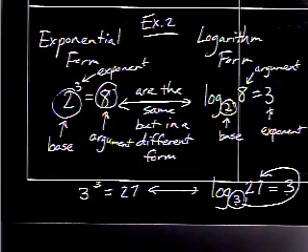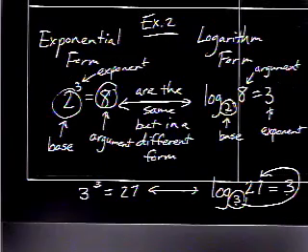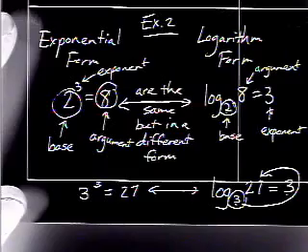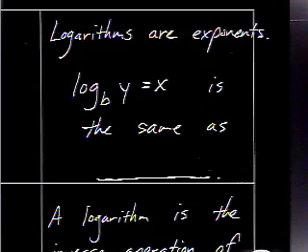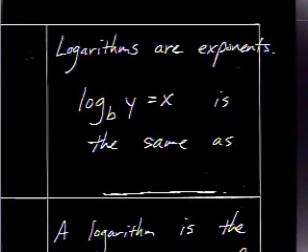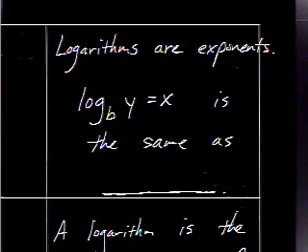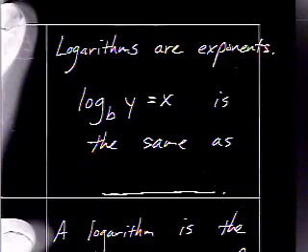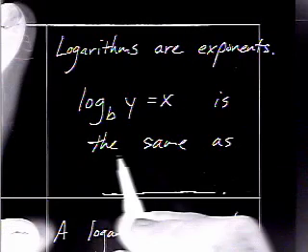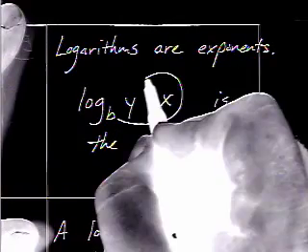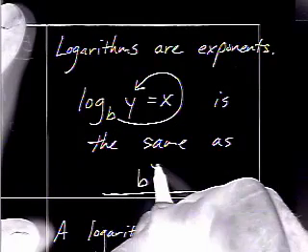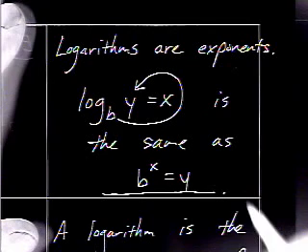If you can't solve it in its log form, change it back to its exponential form. So just don't think that you can get away from this. You need to be able to go back and forth very easily. So I guess the moral of the story is that logarithms are just exponents. Log base b of y equals x is the same as b to the x power equals y.